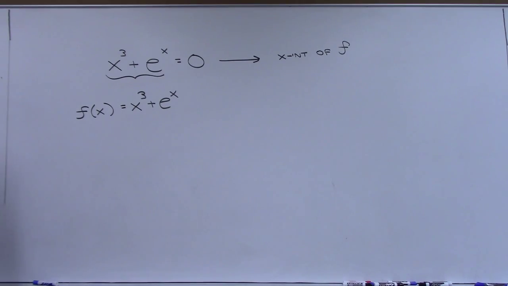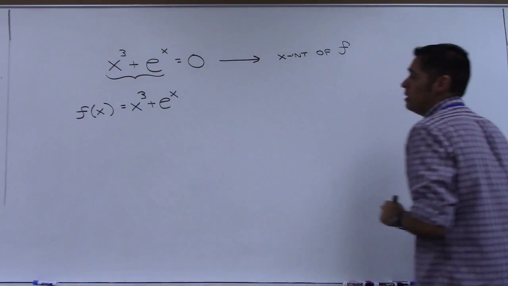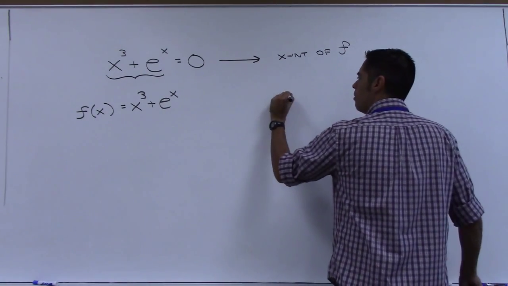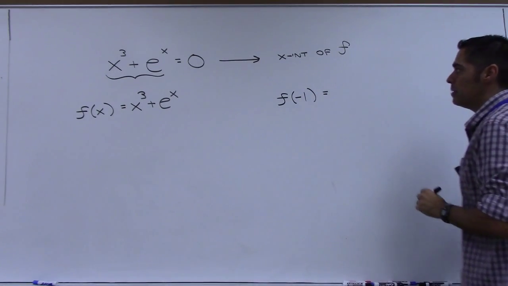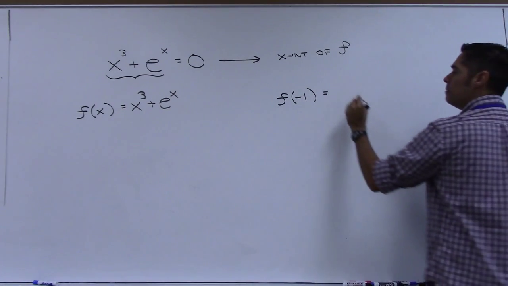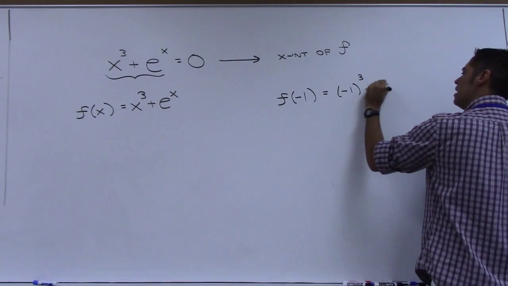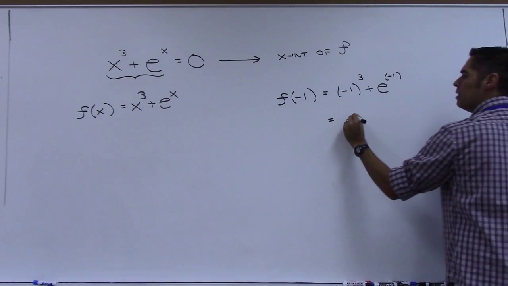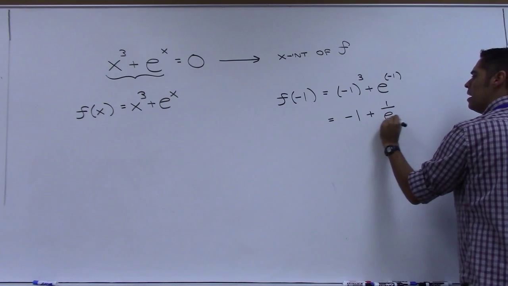There's only one x-intercept. So what I'm going to do now is plug in a number. I'm just going to take a guess. What would happen if I plug in -1? Will I get lucky and have this turn out to be 0? Let's see. What's -1 cubed plus e to the -1? Well, -1 cubed is -1, and e to the -1 is 1 over e.